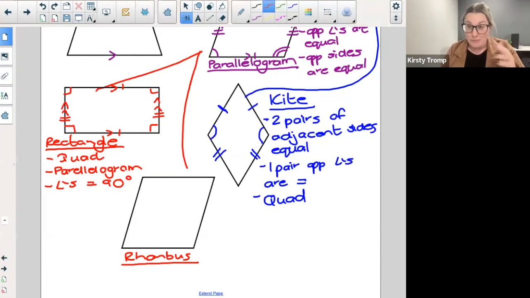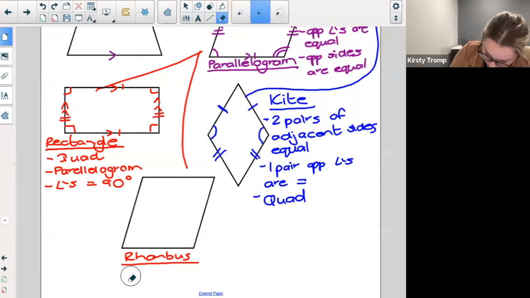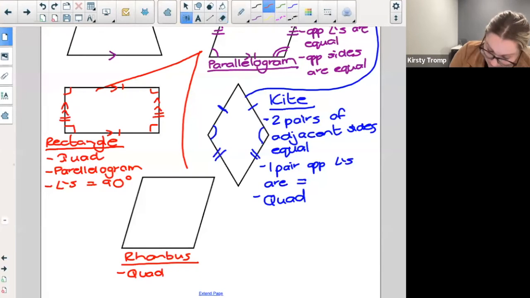All right, so let's have a look. This shape is a quadrilateral. We know that because all the shapes we're doing tonight are quadrilaterals. But it is also a parallelogram.